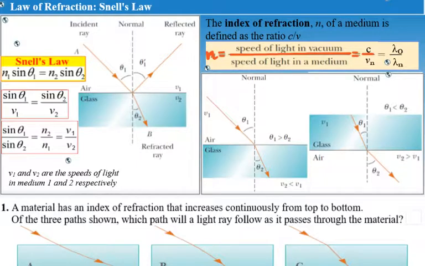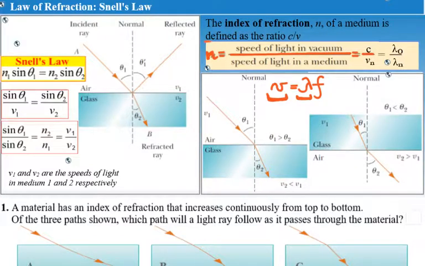And always remember, the speed of light changes in the medium, the frequency never changes, and the wavelength changes. If you remember from AP Physics 1, the velocity of the wave is equal to lambda times the frequency. So if the wave speed is decreasing, then the wavelength will be decreasing, and the frequency depends on the source.